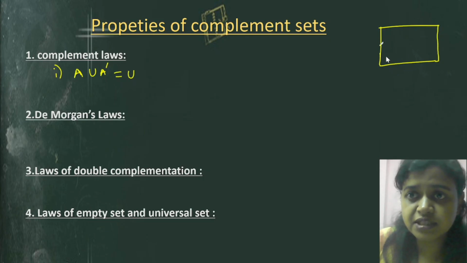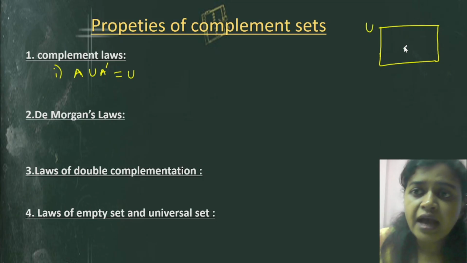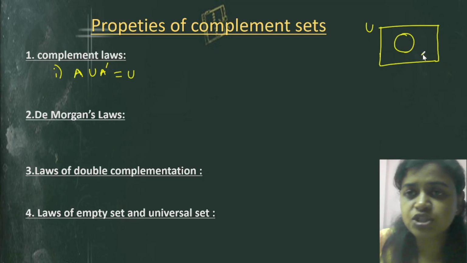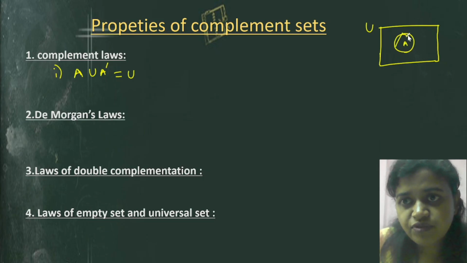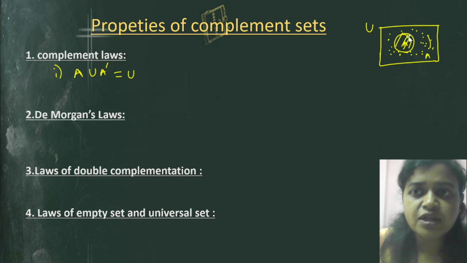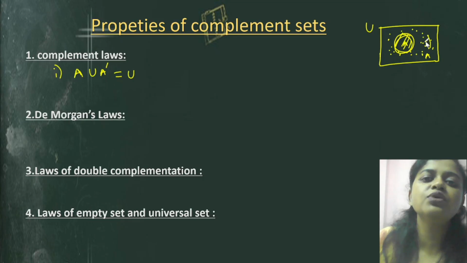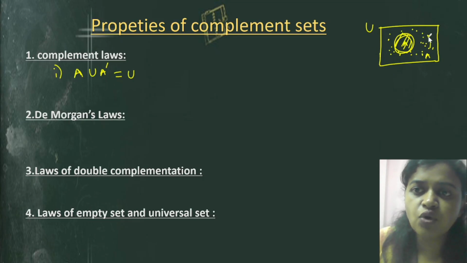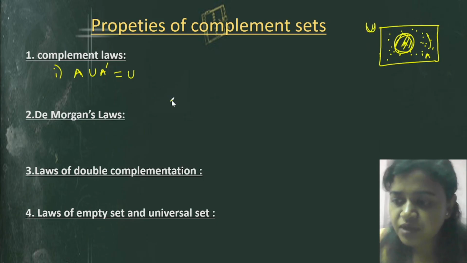This whole rectangular shape is denoted by U, and this is set A. If we remove this portion, we will get this outsider portion, and this outsider portion is A complement. So if we find the union of A and A complement, we are including these two sets, so we'll get this whole one. This is called U. So we'll get U. Clear?